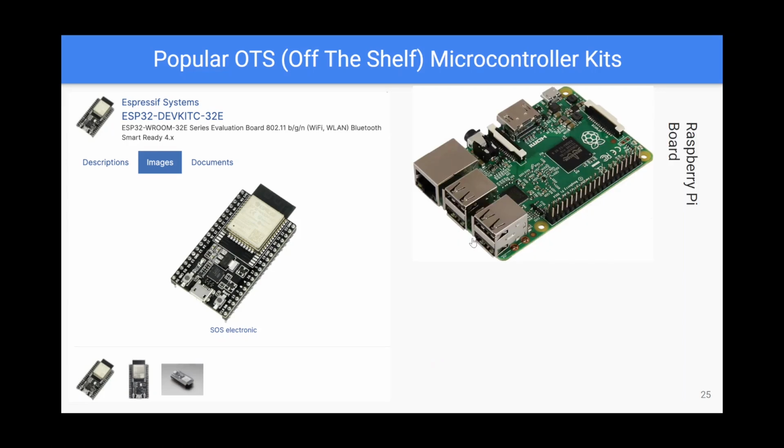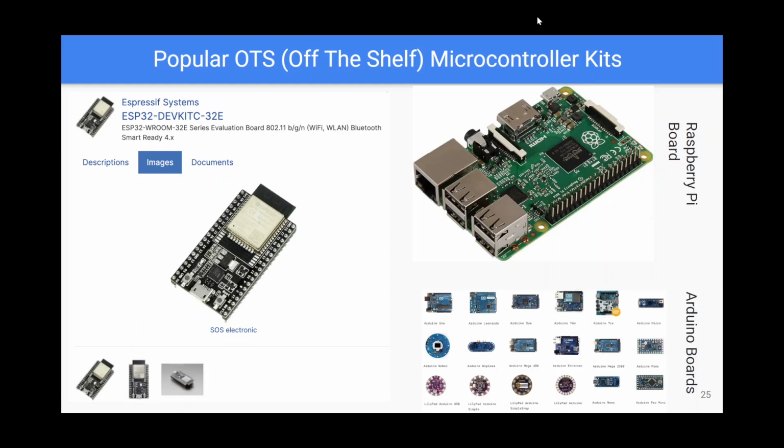So this is the Raspberry Pi, which we will be using in this particular course as well. Again, a very popular microcontroller kit that people use in various industrial, commercial, and prototype applications. And these are the Arduino boards.